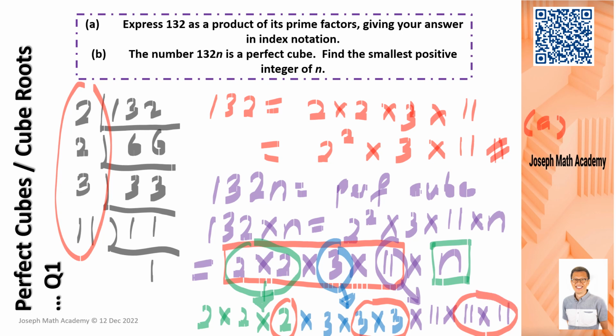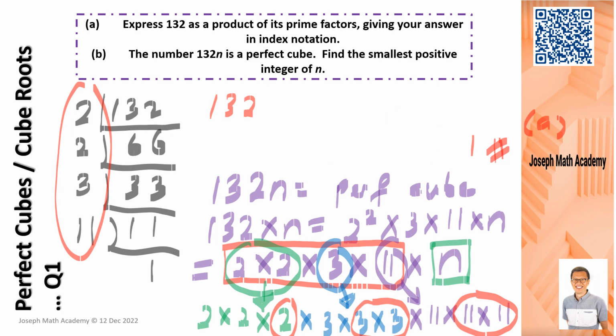So the numbers that I've circled, 2, 3 times 3, 11 times 11, actually all come from the value of n. So what is n actually? Let me rewrite.